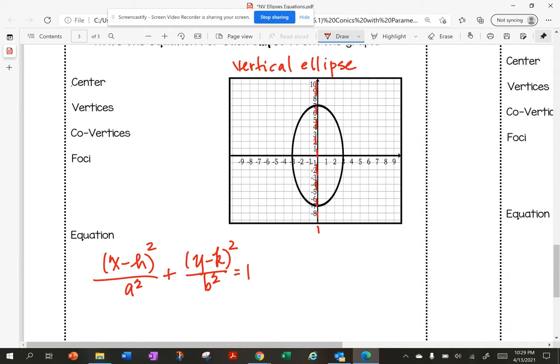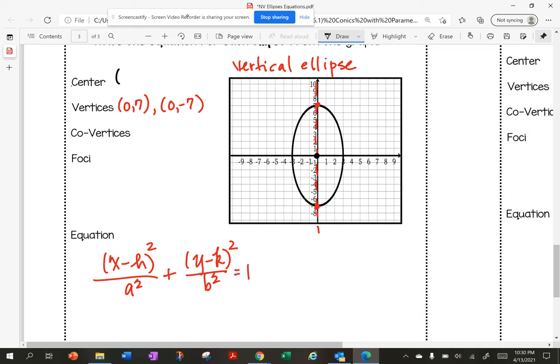Okay, and my vertices here on my major axis are at 0, 7 and at 0, negative 7. Halfway in the middle is my center.